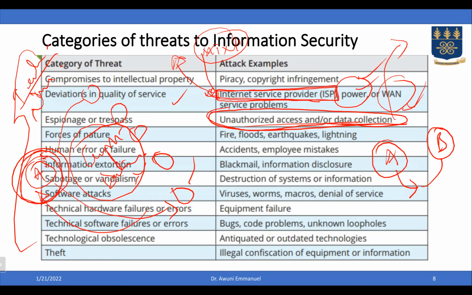And we have blackmail and information disclosure. Information disclosure is about disclosing information of the organization, either intended or unintended. Someone could be working there, and because there is some package coming to the person, he can decide to disclose certain vital information in the organization to a competitor, with clear intention of doing so.